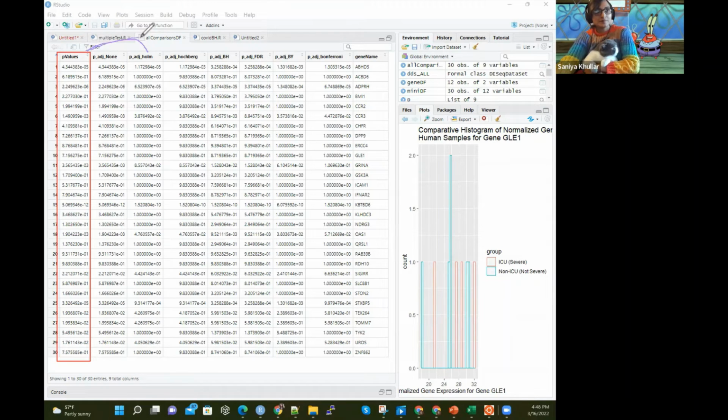Holm, Hochberg. These are just the same with each other. Benjamini-Hochberg and FDR are just the same with each other, and Bonferroni. So we looked at quite a few different ones. And we can see how the p-values tend to relate. That's why we got less significant ones, because we were looking at how many p-values are less than 0.05.